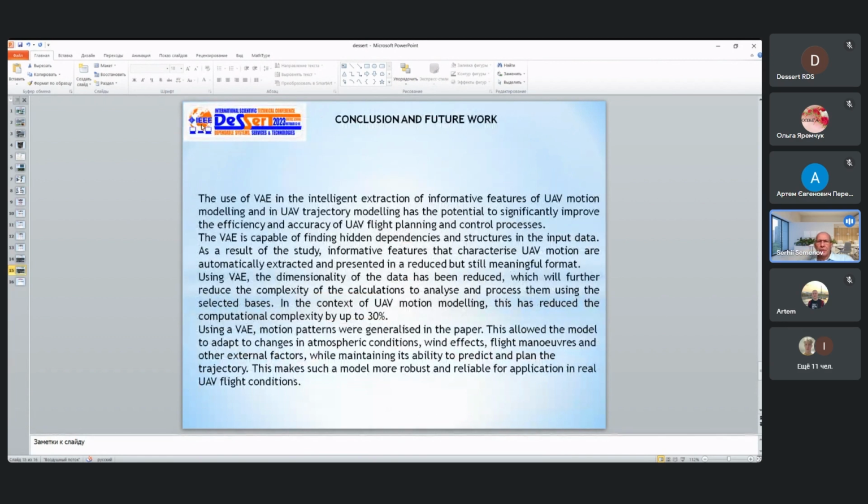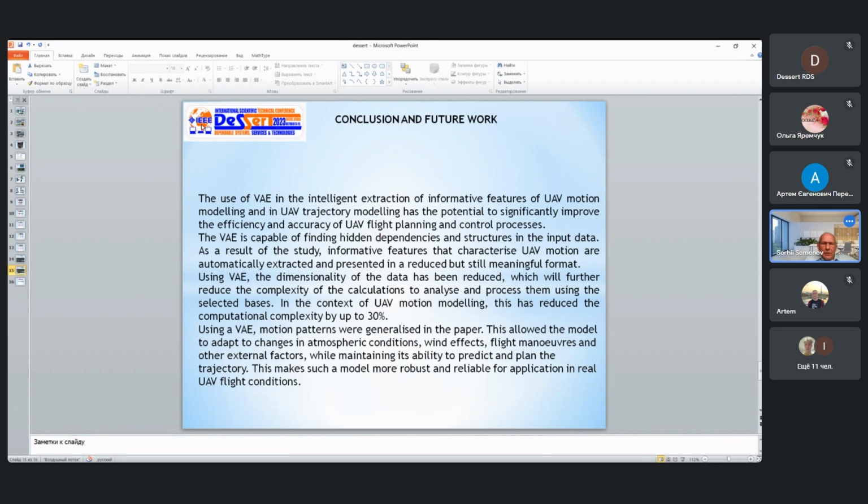In conclusion, we can see that the use of UAV in the intelligent interaction of information, future of UAV machine modeling, and in UAV trajectory modeling has the potential to significantly improve the efficiency and accuracy of UAV flight planning and control process.